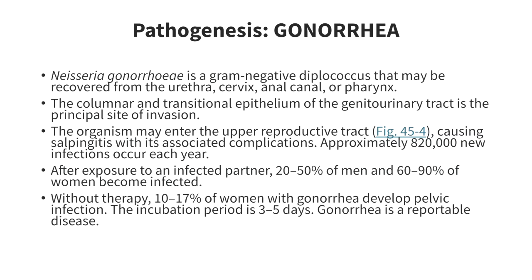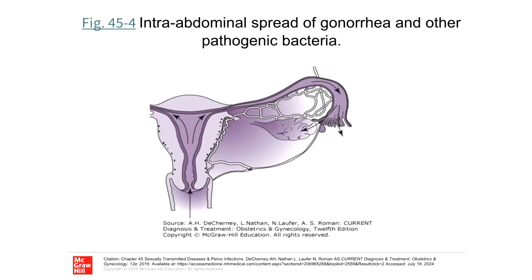It's a very frequent infection after an exposure with an infected partner. 20 to 50% of men and 60 to 90% of women become infected. Without therapy, females are going to develop pelvic inflammatory disease. The incubation is very short. It is a reportable infection.